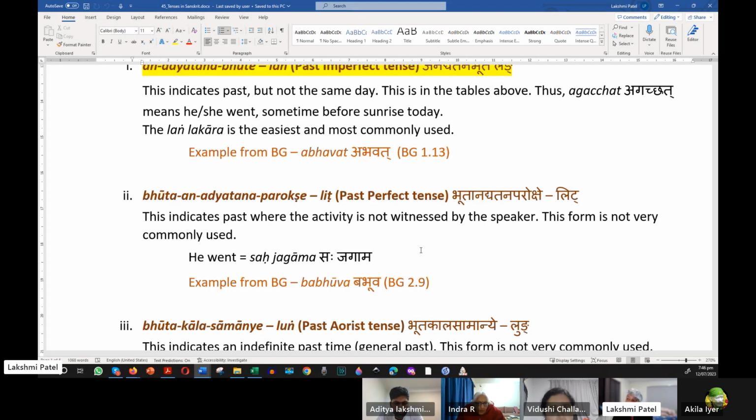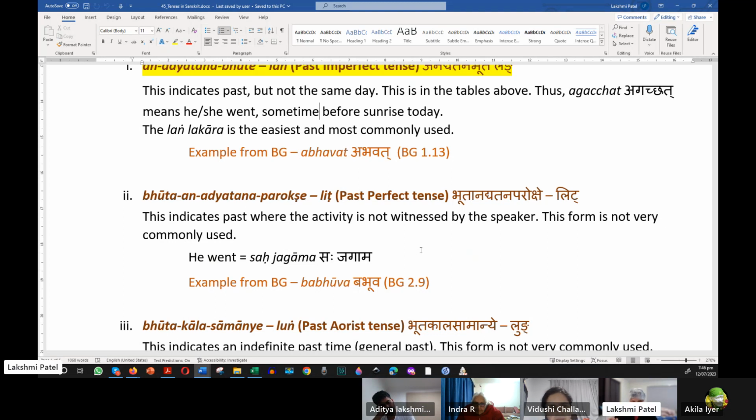Anadyatana parokshe. Paroksha means it is beyond the eyesight. So it is not witnessed, and it is not something that happened today.